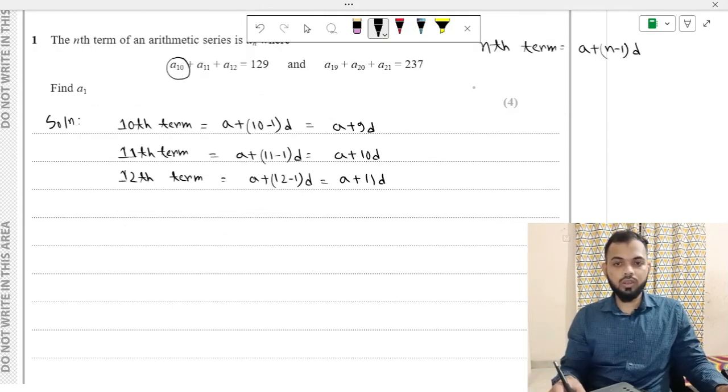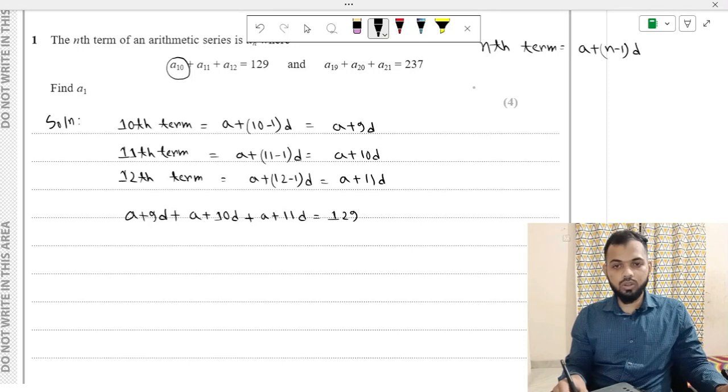The next thing is they are telling us that the sum of these three terms is 129. So how can we find the sum of these three terms? We can simply write a plus 9d plus a plus 10d plus a plus 11d, which is equals to 129.